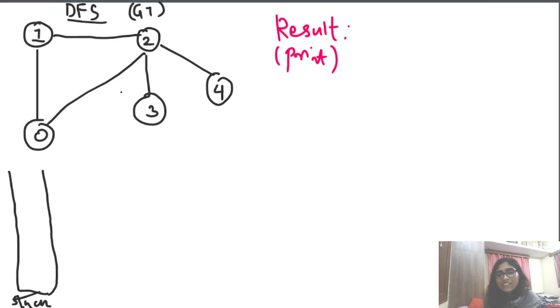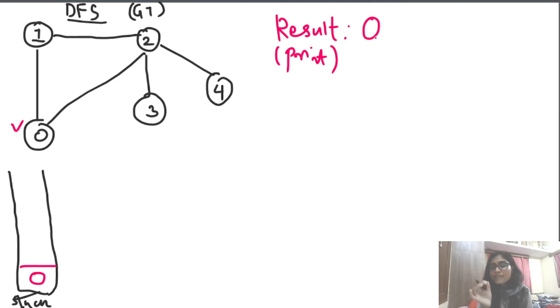Which principle does it follow? Last in, first out. Whoever is last, you will pop that first, right? Because I have not mentioned where to start, I'm going to start with 0, right? I will push 0 onto the stack, and I will print it on the output screen, right? Because there is no other element, only 0 is there. So I will push 0 onto the stack.